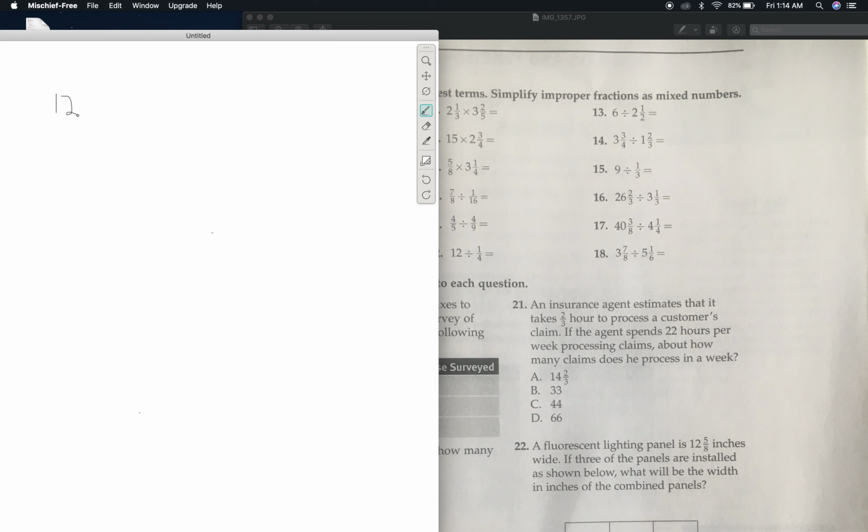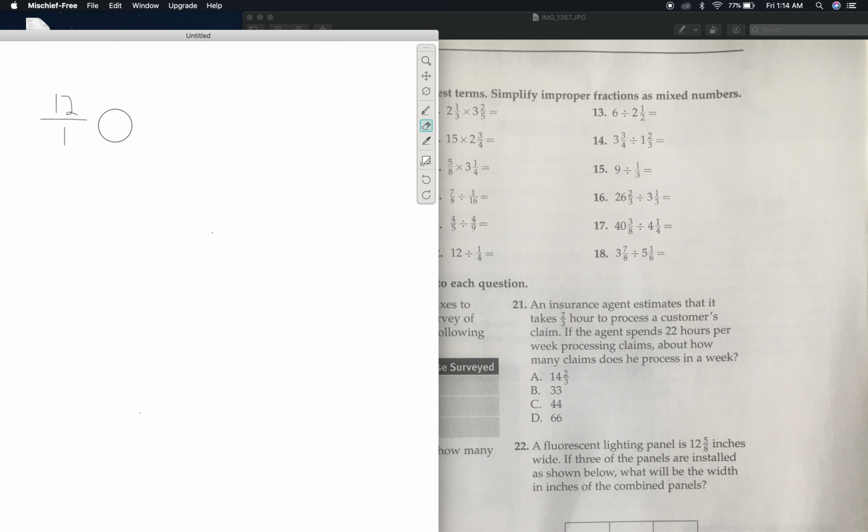So anytime you have a whole number, you have to change it to a fraction, okay? So remember, putting a 1 does not change the value of that 12. Let me make this a little nicer.